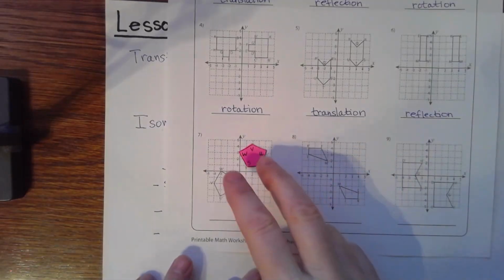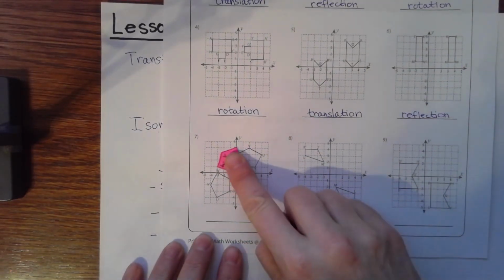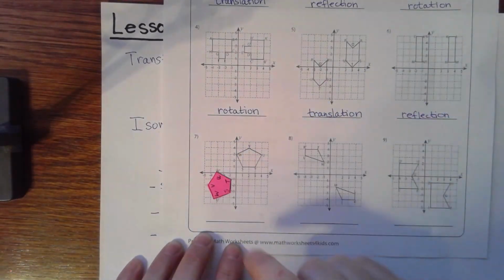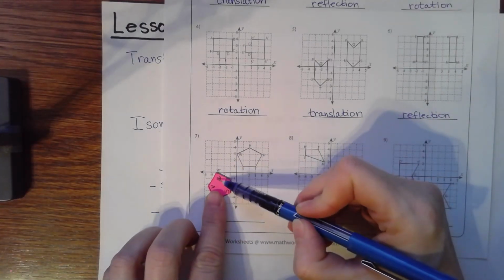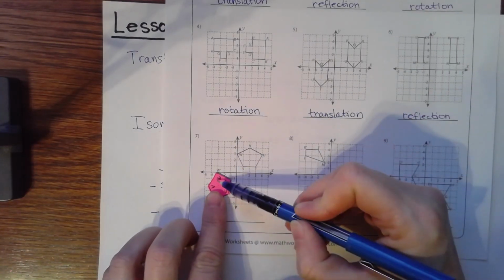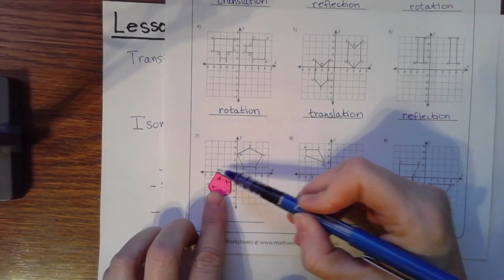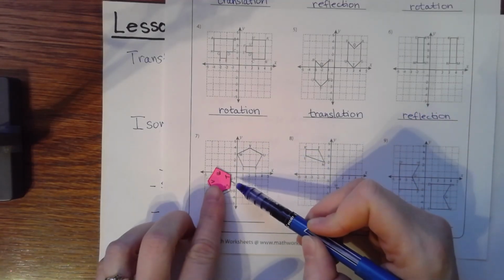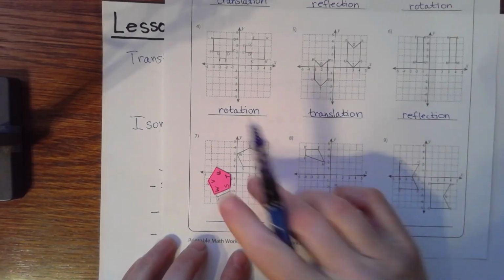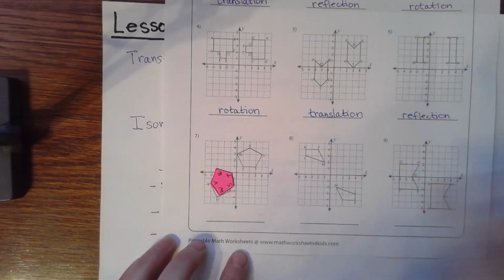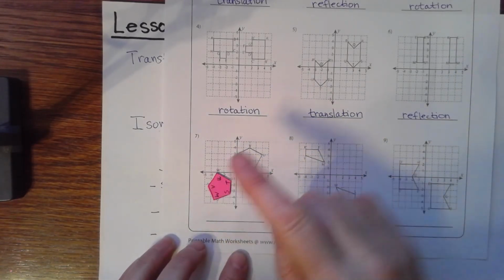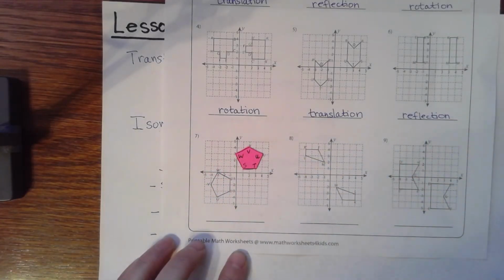If I just took this and turned it like this, notice it doesn't work. Because U is on this original triangle, but it says W prime here. This is T, but it says S prime. This is S, but it says T prime. This is W, but it says, clearly it's not a rotation. That is not what happened. So we did not do a rotation.